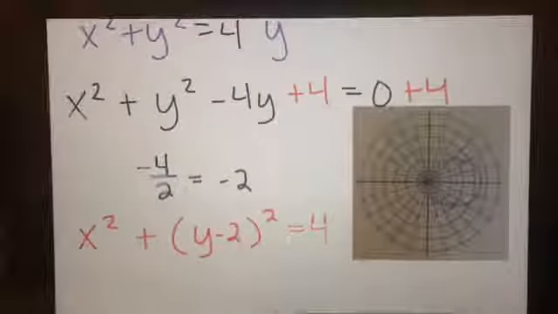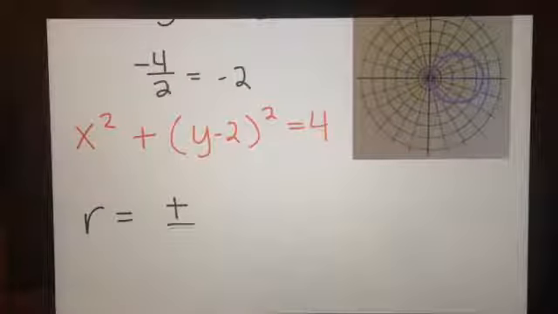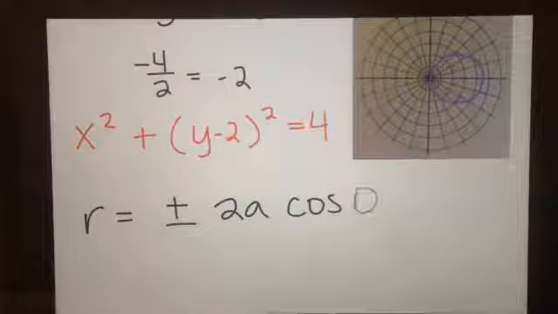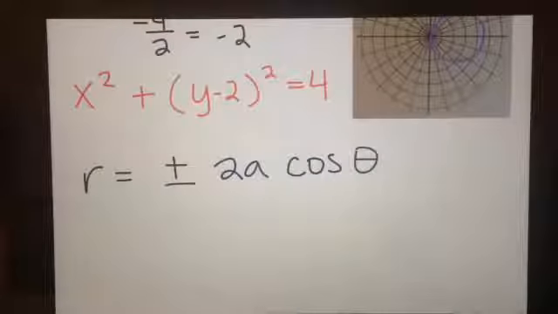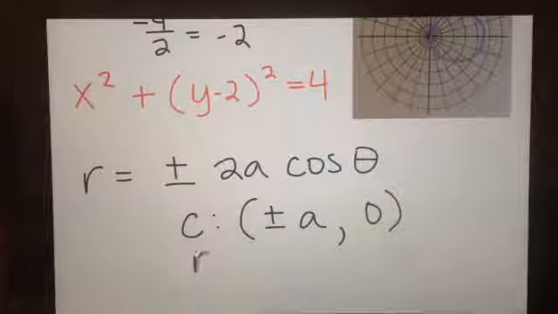Now there's a little shortcut for problems like that, and here's the shortcut equation. I would put a star next to it or something. If you have an equation that says r equals plus or minus 2a cos theta, then you're going to have a circle, and the center of the circle is going to be positive or negative a, depending on what the value was there. And then the radius is going to be a.